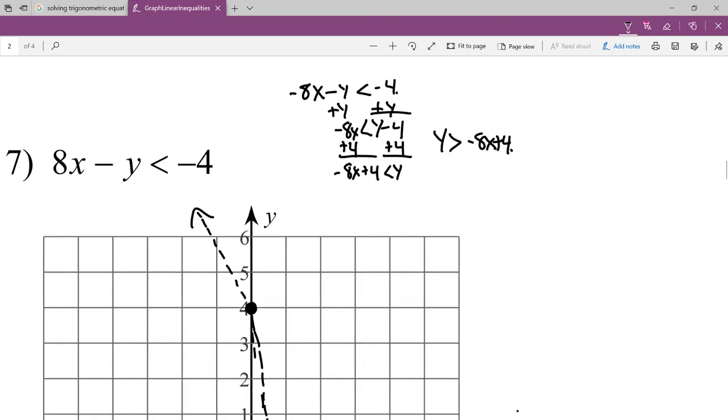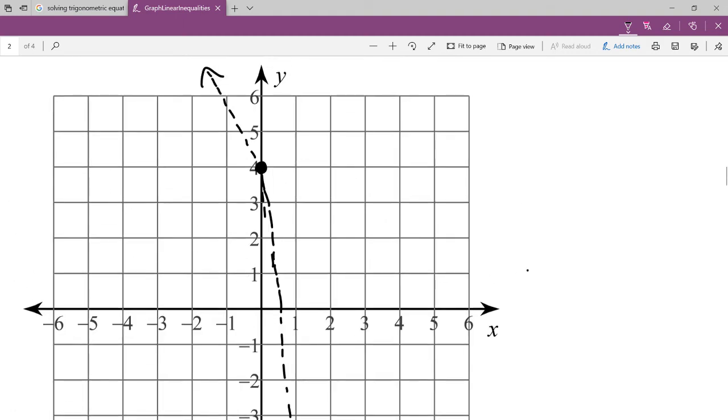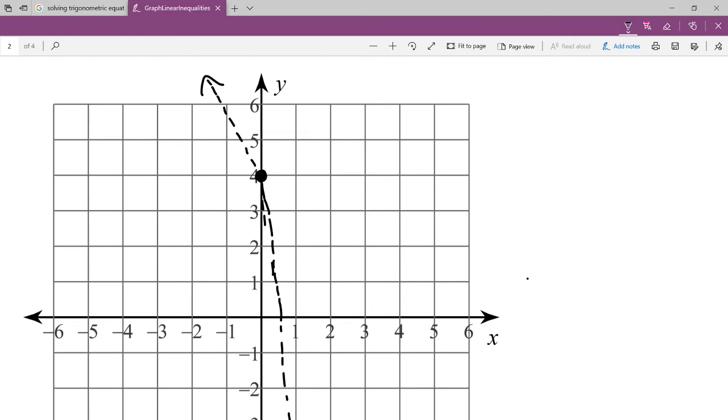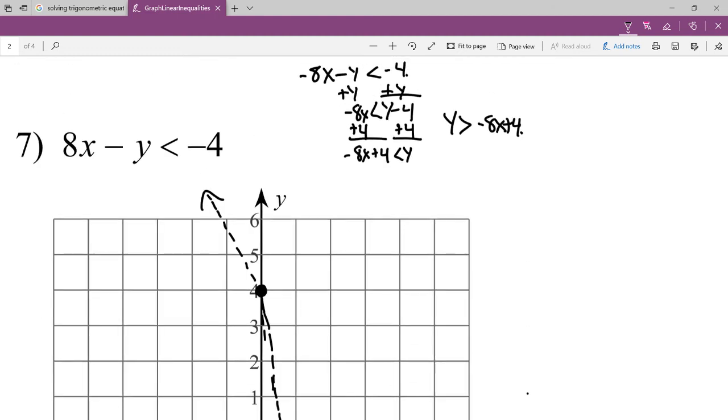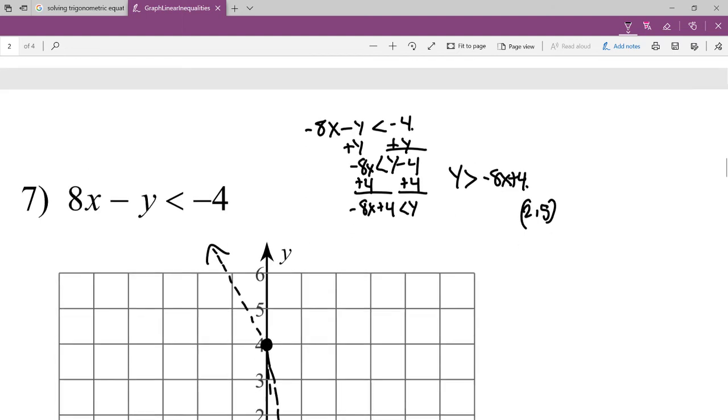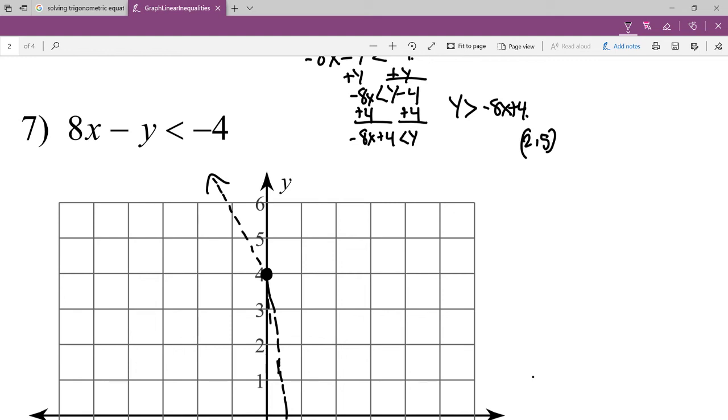So then you use a test point again. We're going to use 2, 5, since that is above the line. We can use this equation, or this equation, doesn't really matter.